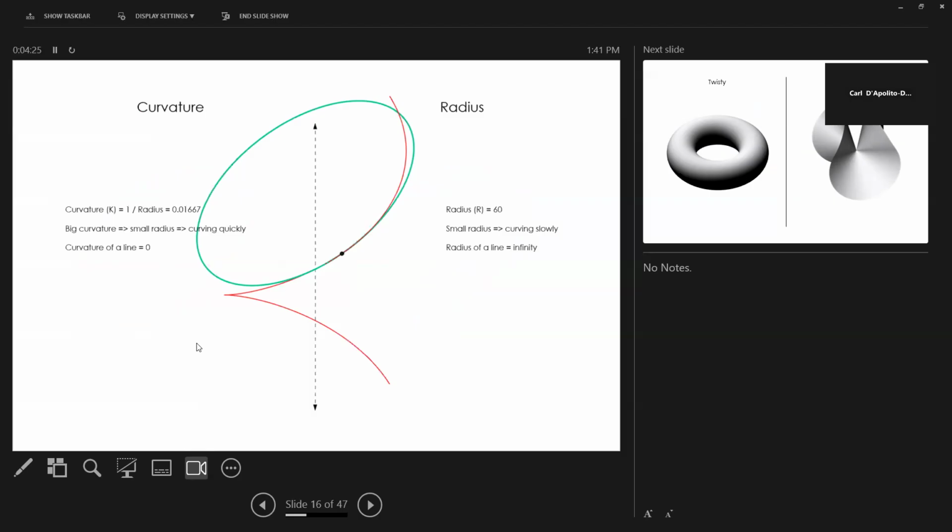So it's the inverse of the radius. So if something has a small radius, it's curving quickly. If something has a big radius, it's curving slowly. And a line has a radius of infinity, and it has a curvature of 0. And so sometimes when you're trying to do the principal curvature script on a surface that's already developable, it will not work because it's trying to find something with an infinite curvature.